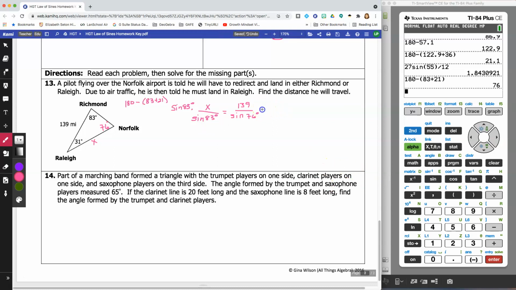But if I multiply one side of the equation, I have to do the exact same thing on the other side of the equation because those are the algebraic rules. So I get x is equal to 139 times the sine of 83 degrees divided by the sine of 76 degrees.